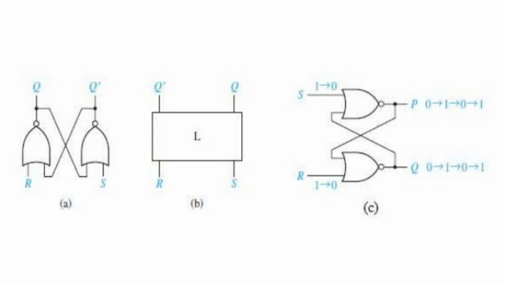So here you can see an improvised circuit of an SR latch flip-flop. The circuit is the same as the previous one that we have discussed. The input S goes to the first NOR gate and the input R goes to the second NOR gate. The output of the first NOR gate is fed back as an input to the second NOR gate, and the output of the second NOR gate is fed back as an input to the first NOR gate.